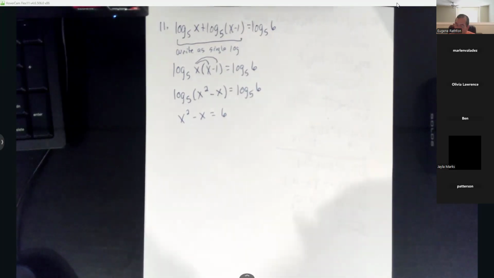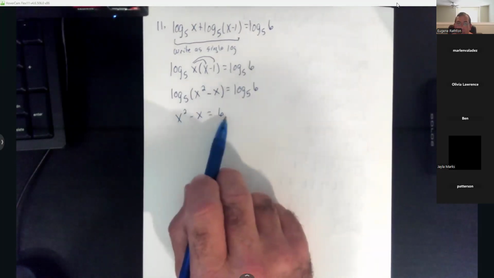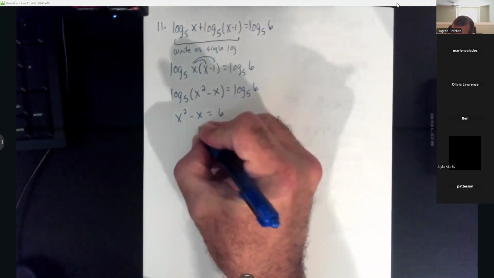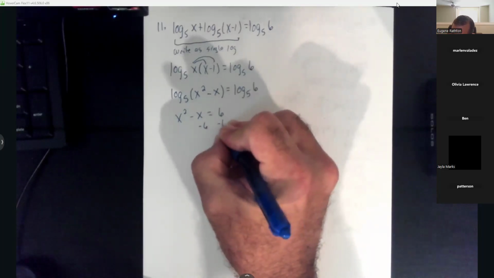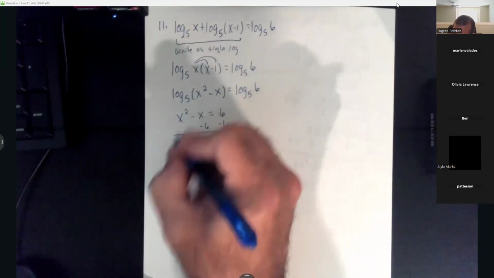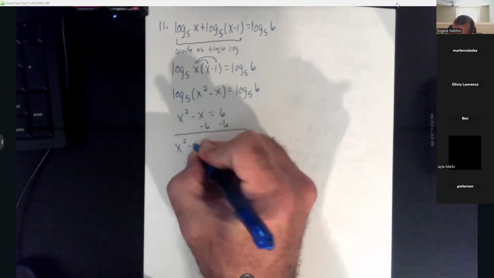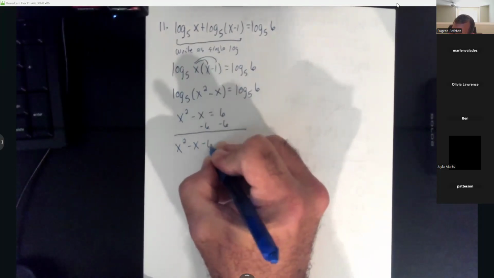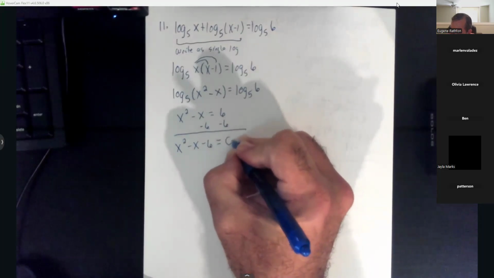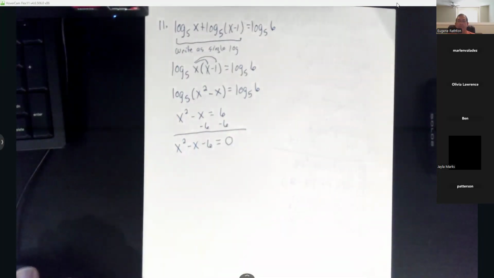Alrighty, so quadratic again, so we need a 0 over here. So I'm going to subtract 6 from both sides. And I get x squared minus x minus 6 will all be equal to 0.